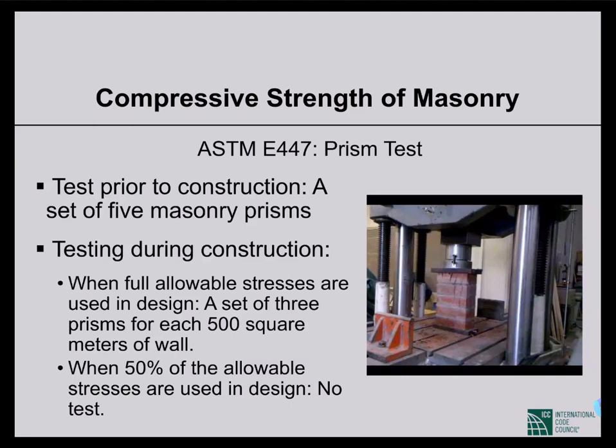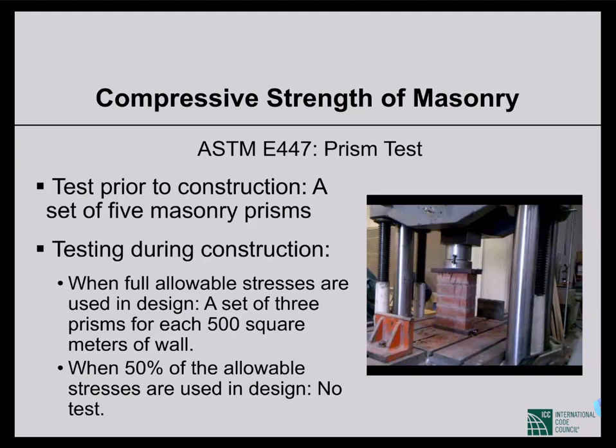Now, if we want to do the test before construction to ascertain the strength, to select the materials, like whether the brick and the mortar are appropriate for this construction, or whether they satisfy the design strength, we have to test 5 masonry prisms and then take the average.